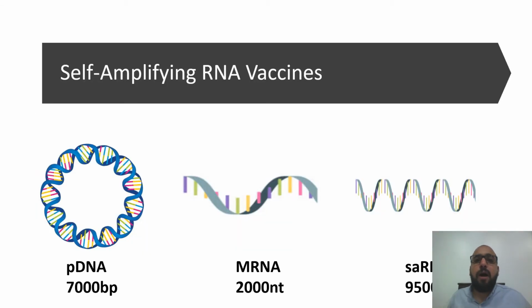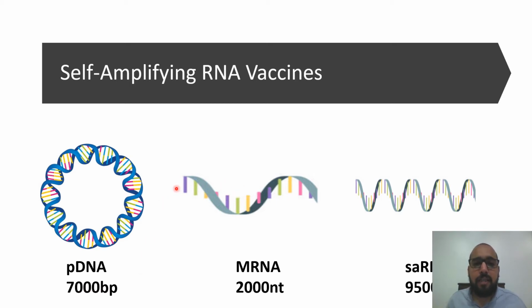So now I'm going to delve deeper into self-amplifying RNA vaccines. This is a specific type of RNA that we use, and I think it's useful to compare it to both plasmid DNA and messenger RNA. Plasmid DNA is a double-stranded circular nucleic acid. For the constructs we use, it's usually around 7,000 base pairs.